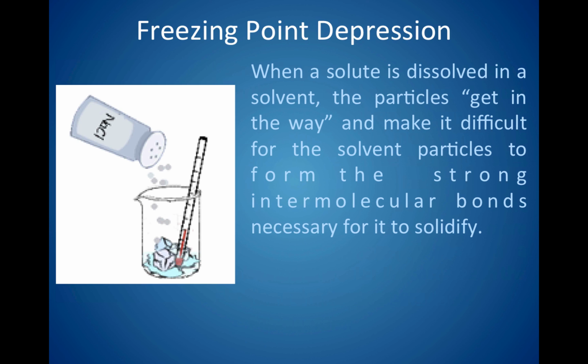This is why in the winter, if you go up to Lake Tahoe and there's snow and ice on the ground, they will add salt to the roads to decrease the freezing point, which means that the ice will melt because it actually has to be colder in order for the water to be a solid. This also explains why it is more improbable for oceans that are salt water to form ice than it is for fresh water to form ice.